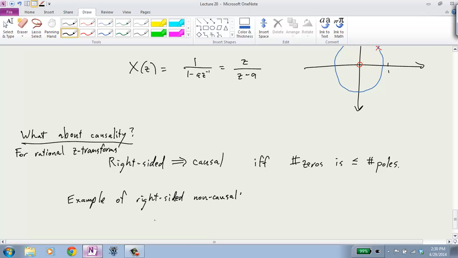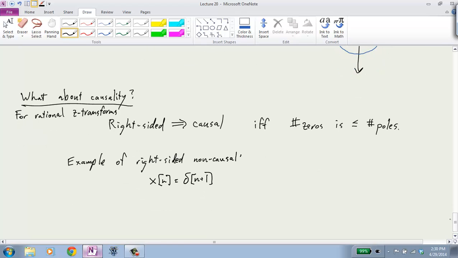There you go. Let's do x of n equals delta of n plus 1. So this is a delta function that occurs at time -1. If this was the impulse response of your system, then what comes out would be what went in advanced in time, a prediction of what goes in. It would always come out one moment earlier than it went in.